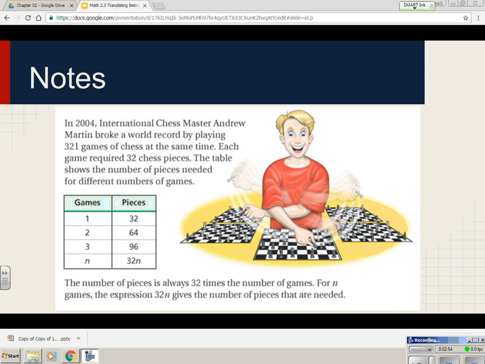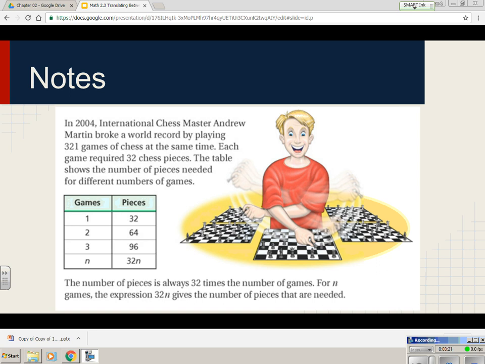So if he was playing just one person, that would be 32 pieces. Okay, 8 pawns, 2 rooks, 2 knights, 2 bishops, your king and your queen. So there's double sets of that. So it's 32 pieces. When he played 2 games, look at how many pieces are needed, 64. 3 games, 96 pieces.